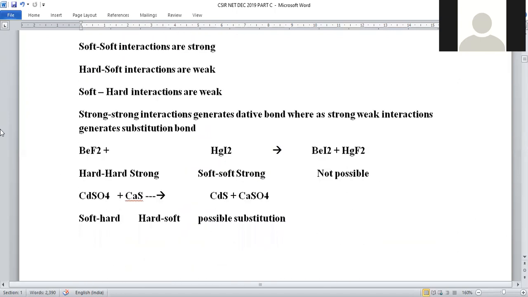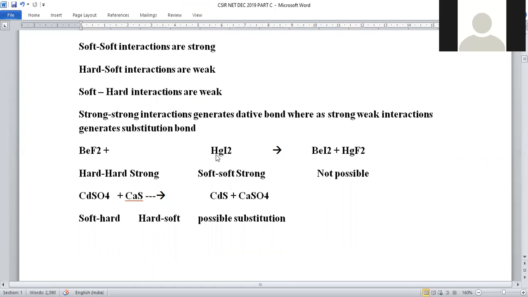So when this beryllium difluoride was taken, beryllium, being an alkaline earth metal and the topmost element, is hard in nature. Fluorine is also highly electronegative and at the topmost position of the halogen family, and again it is hard. Hard-hard interactions are always considered stronger interactions.